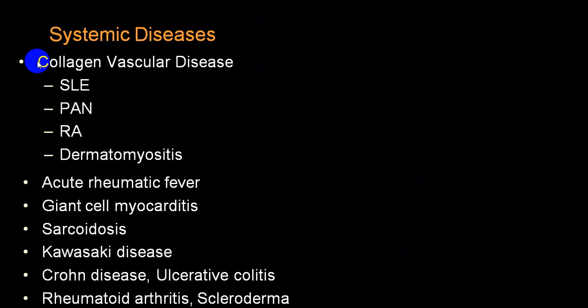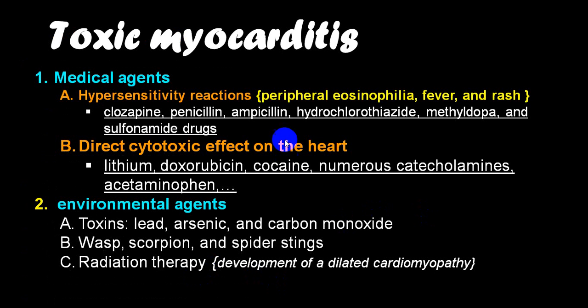Collagen vascular disorders which will produce autoimmune involvement: SLE, periarteritis nodosa, RA, dermatomyositis. Also once in a while you come across it in acute rheumatic fever, giant cell myocarditis, sarcoidosis, Crohn's, that is inflammatory bowel disease, Crohn's and ulcerative colitis, etc. Toxic is very commonly due to drugs like penicillin, ampicillin, methyldopa, sulfonamides.